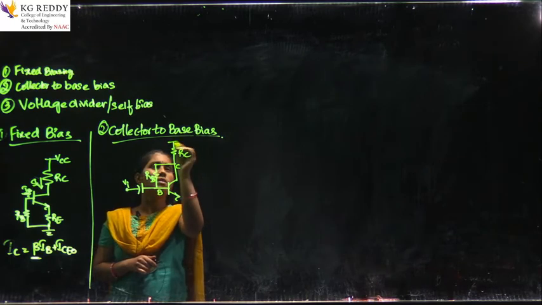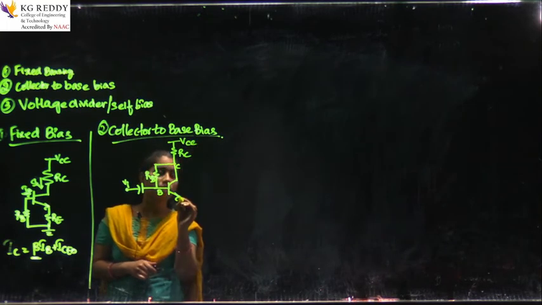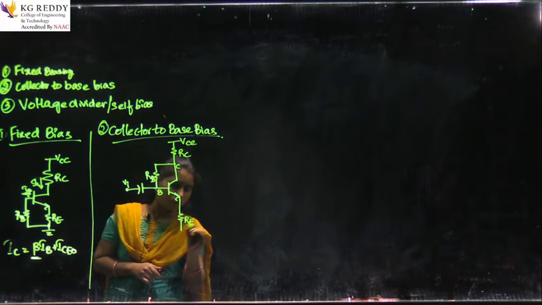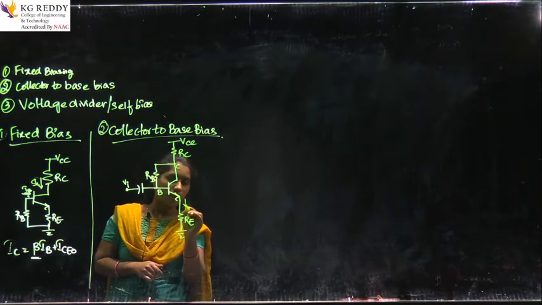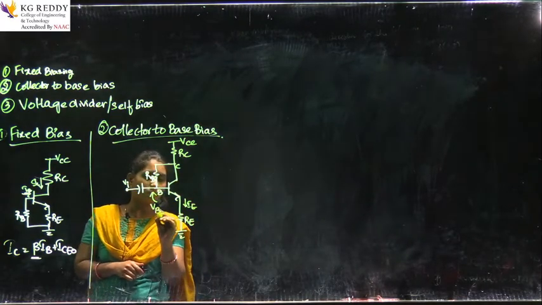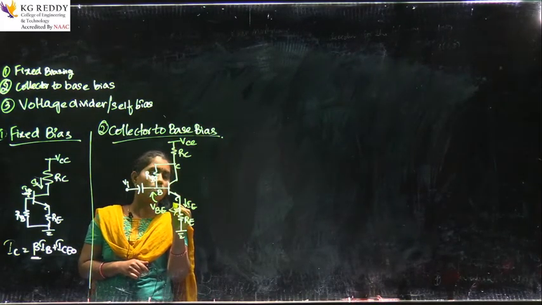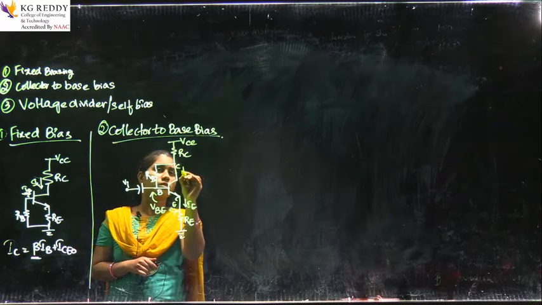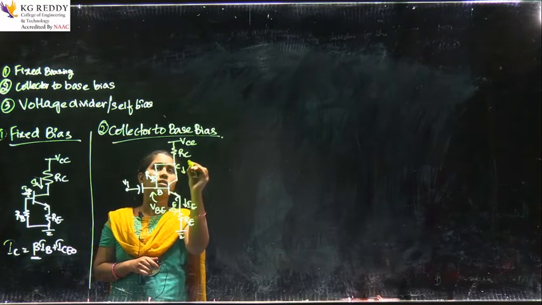One load resistor and VCC as usual, and one emitter resistor RE would be there, directly grounded, and the IE current would be there, and the voltage VBE would be across the base and emitter terminals. The IC current would be flowing through this one.